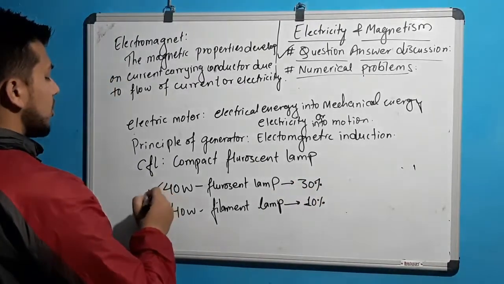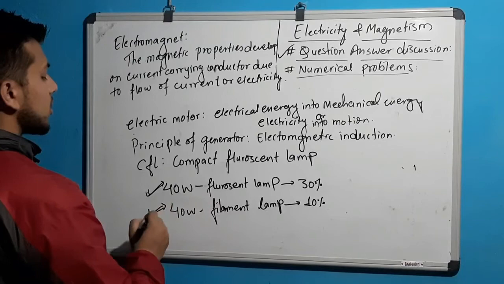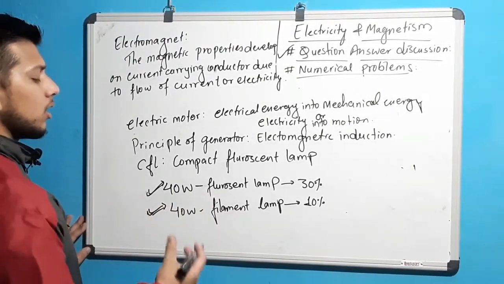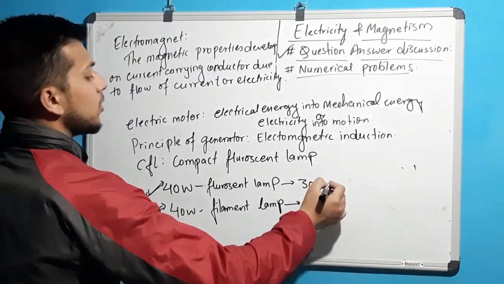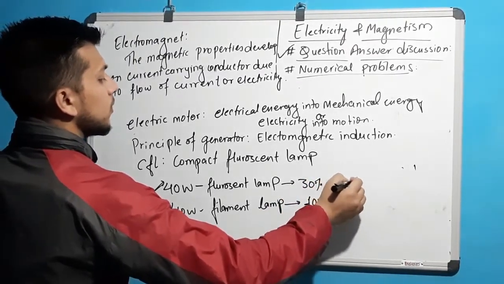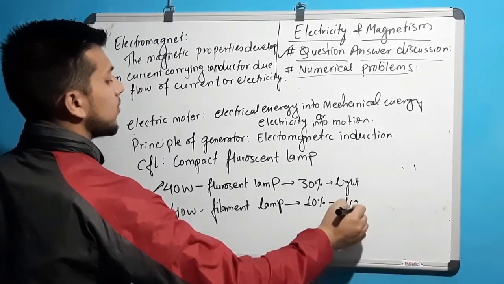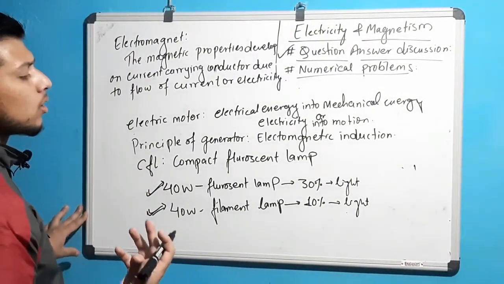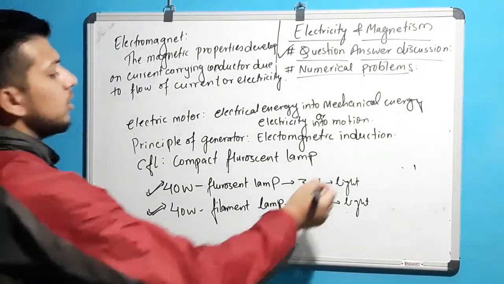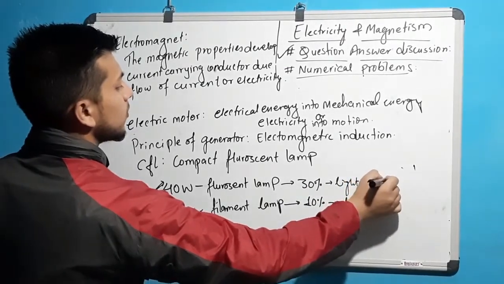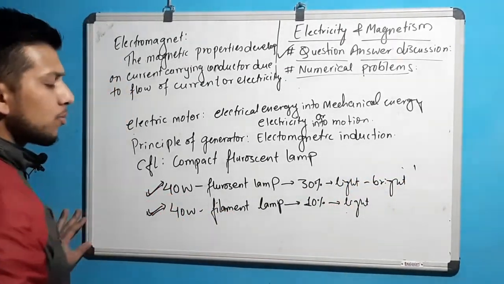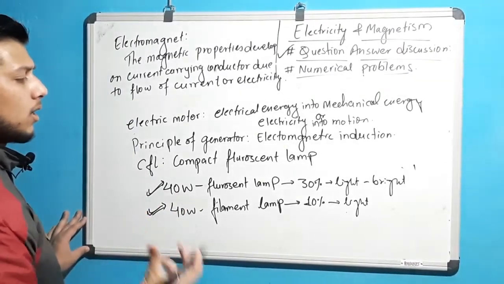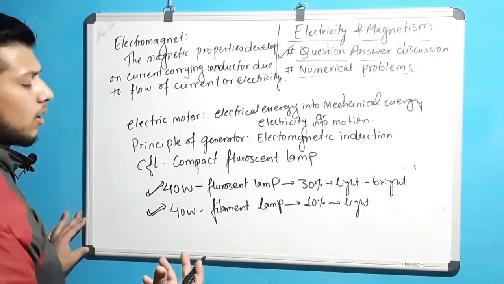We have given the same energy, the same power. What do bulbs of the same power do? The electric energy coming in, this one converts 30% into light, and this one converts only 10% into light. Obviously 30% is much more. So converting 30% light, this is more bright. Why is this more bright? Because it converts 30% of input electrical energy into light energy.